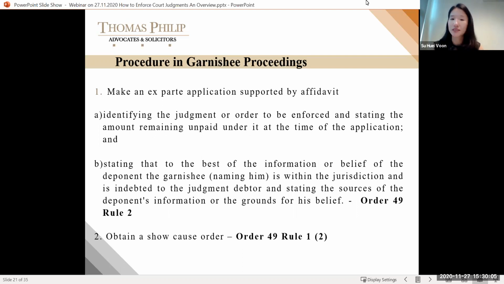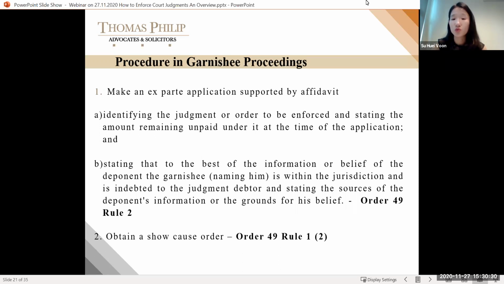Maybe the full sum hasn't been paid by the debtor, maybe part of it hasn't been paid. As the creditor, you will state, to the best of the information or belief of the deponent, that the Garnishee, whatever bank it might be, is within the jurisdiction and is indebted to the judgment debtor, stating the sources of the deponent's information or the grounds for his belief.